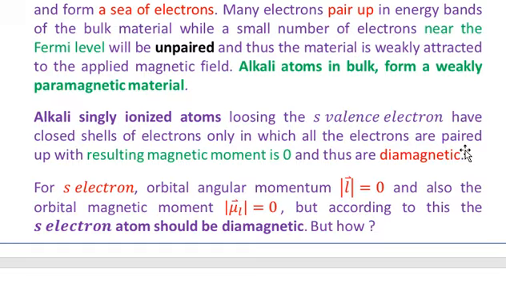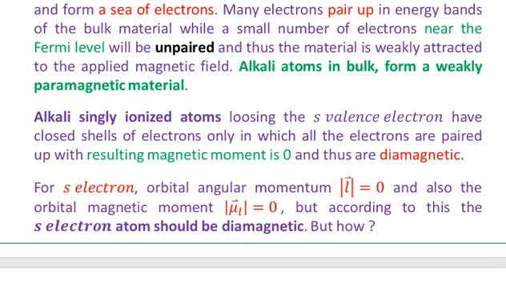Each of these electrons in the closed shell will be paired up, resulting in a magnetic moment equal to 0. Thus, such materials are diamagnetic. So singly ionized alkali metal atoms are diamagnetic in nature. That is, they are not attracted towards the applied magnetic field, or the applied magnetic field has no influence on the singly ionized alkali metal atoms.